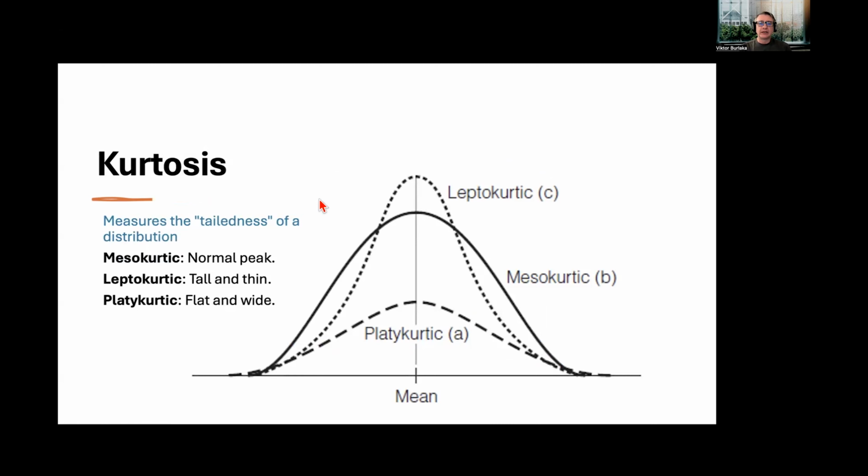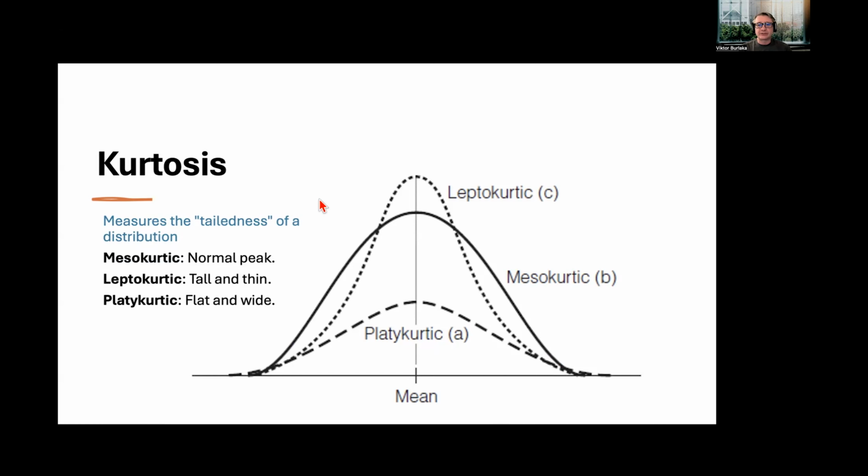Kurtosis tells us about the shape and peak of a distribution. There are three types. Mesokurtic is when the distribution has a balanced normal shape, meaning data is evenly spread with moderate peaks and tails.